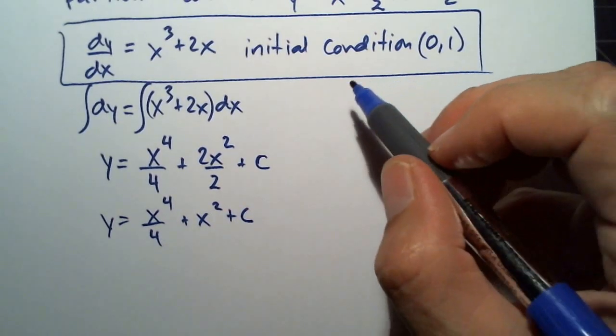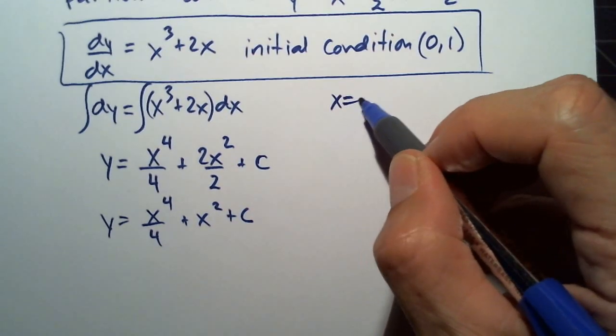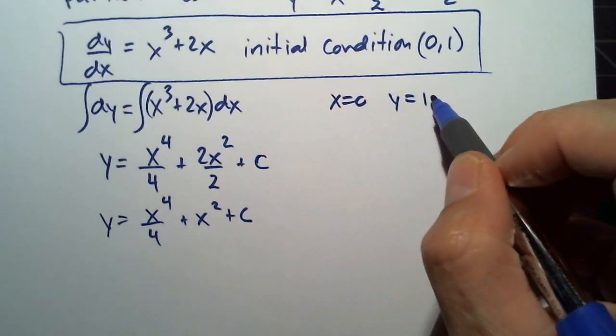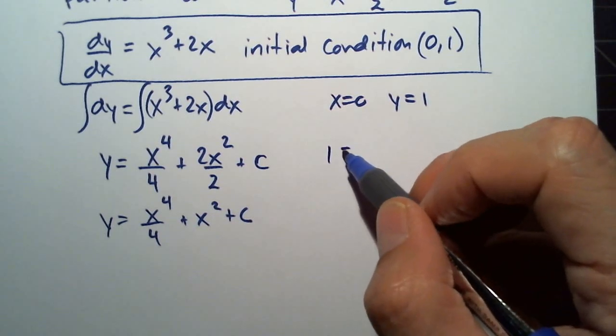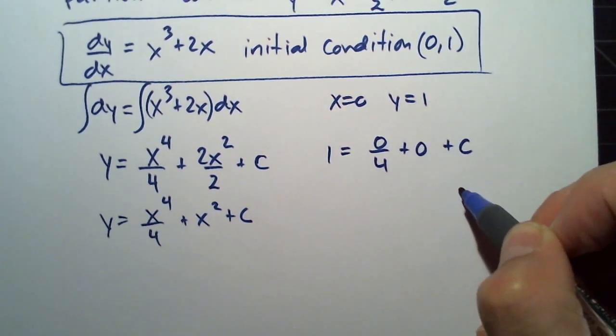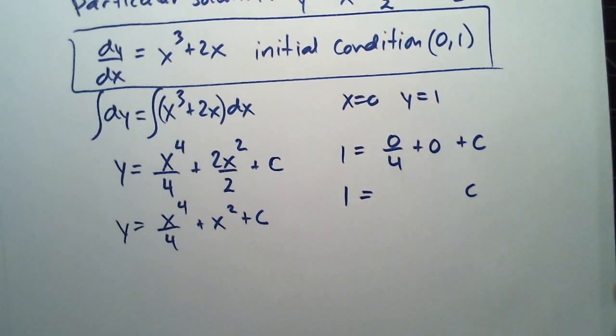Okay, and then at x equals 0, y equals 1, we're going to take that equation and put a 1 in for the y, 0 for the x, so we get c equals 1.